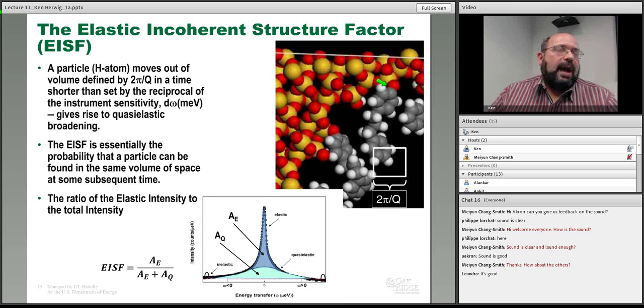So when you have particles that are undergoing restricted diffusion, one of the indications will be when you look at the EISF and the EISF is tending to 1 at low Q, then the particle is undergoing some form of restricted diffusion. Maybe restricted to a volume or a surface or something else, but it is not freely diffusing anymore.